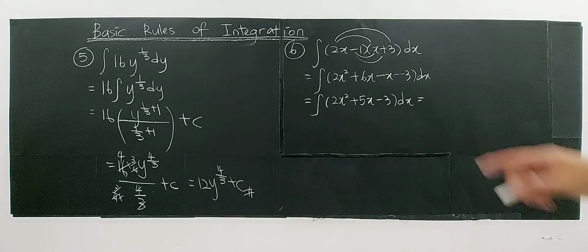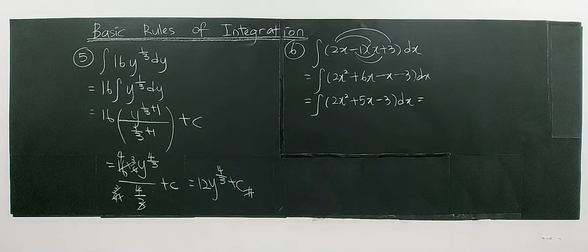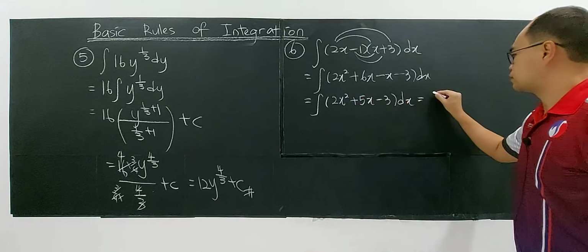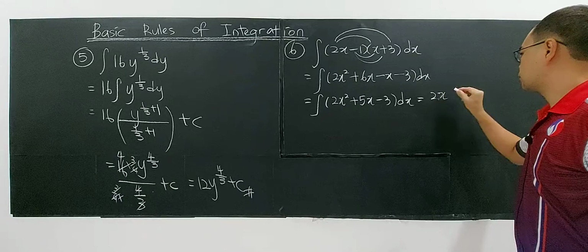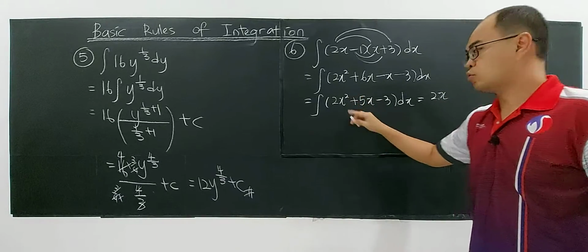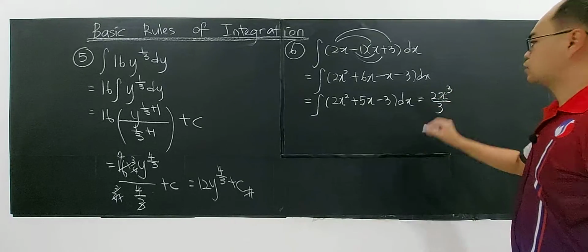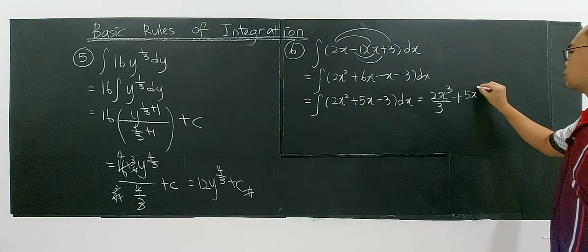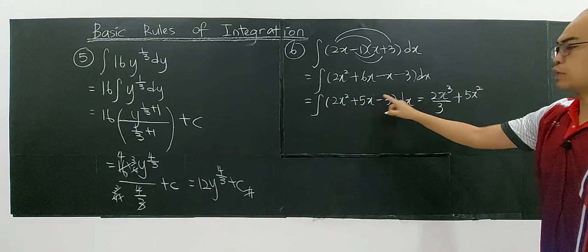Right, now this you can apply the basic rule to this integral form. So now, how is it? So this integrand, to integrate this, very simple. 2x to the power of 2 becomes 3, add 1, right? So you divide by 3. Plus 5x to the power of 2, 1 plus 1, 2.